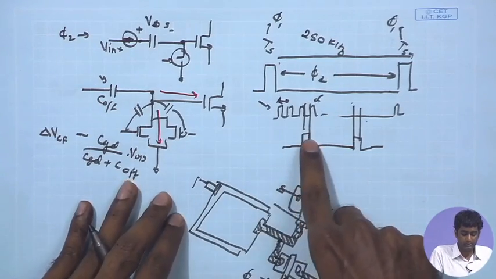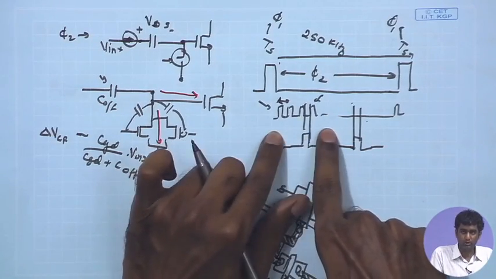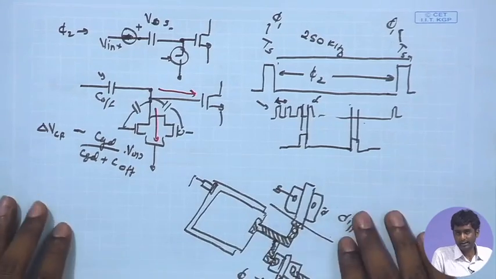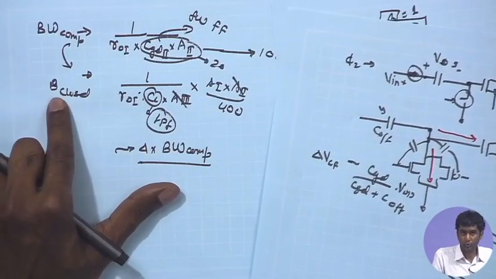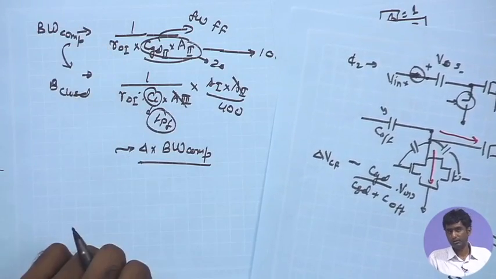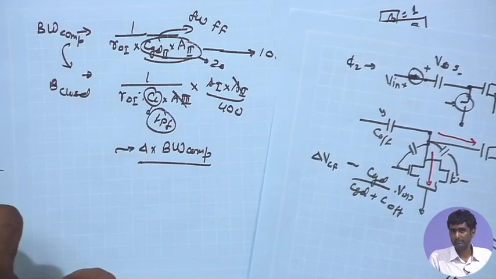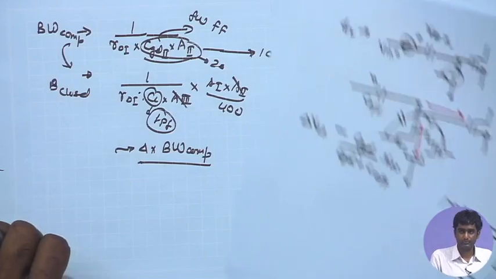So, rather than that, an easier option is to use more clock pulses for the phi 1 phase, so that I can even deal with the case where the closed loop bandwidth is lower than the actual comparator's bandwidth.